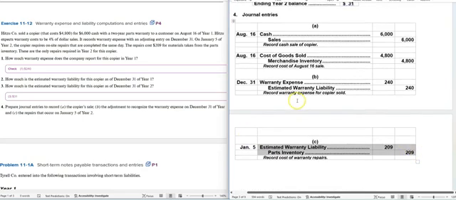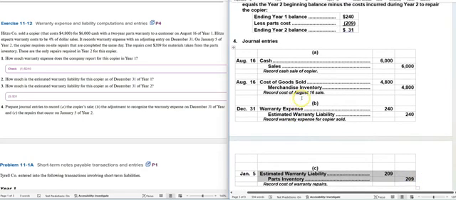Okay, the big key in this exercise is to recognize this adjusting entry. The expense for the warranty was recorded in the same year, year 1, that the revenue was earned and recorded. Thus, we match the revenues with the expenses incurred to earn that sale.